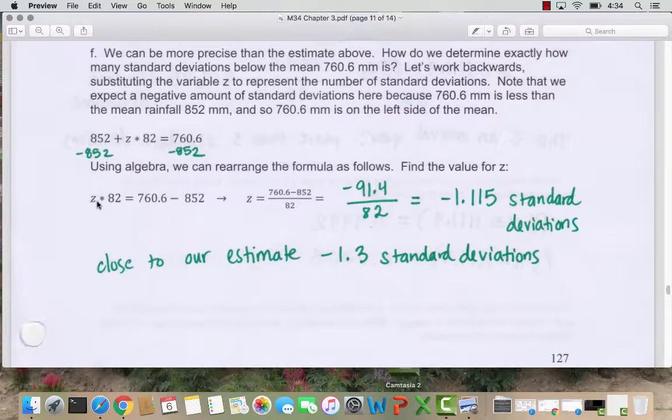And then to get z by itself, we need to divide by 82. Order of operations says in a fraction like this, we do the numerator calculation first and then the denominator calculation before we divide. So we get negative 91.4 divided by 82, or negative 1.15 standard deviations away from the mean. This is pretty close to my estimate of 1.3 standard deviations. This is telling us a precise value.